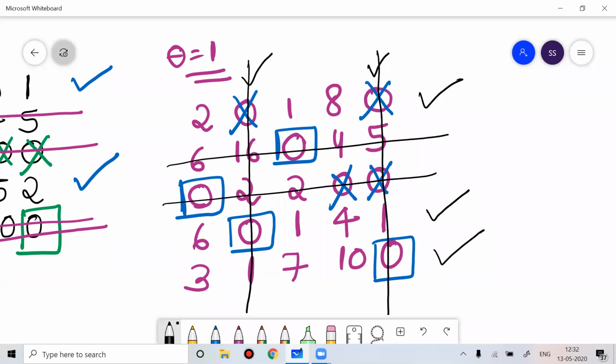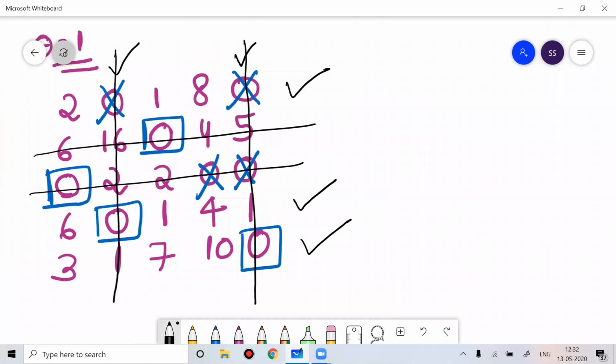Out of that, find the minimum element. So the theta is 1.